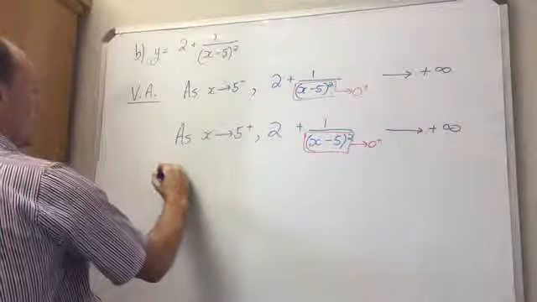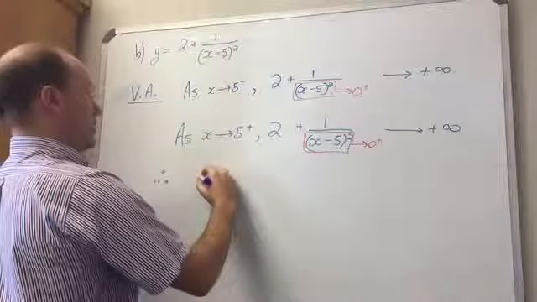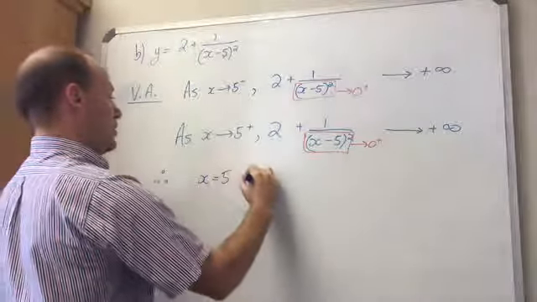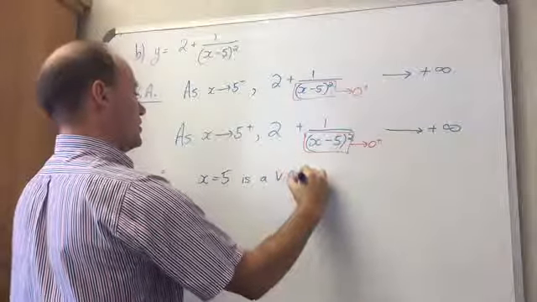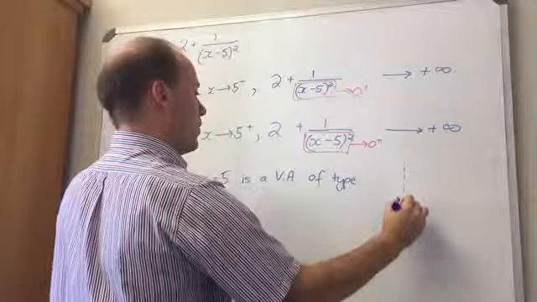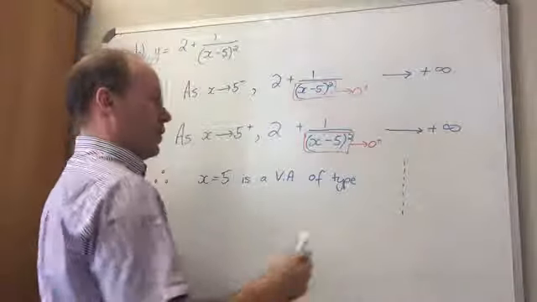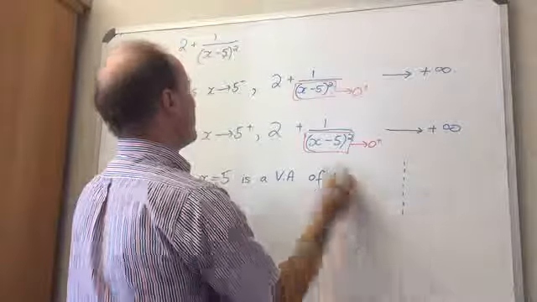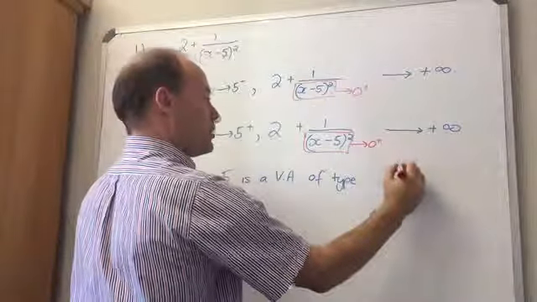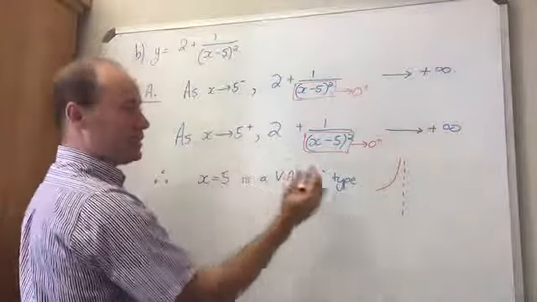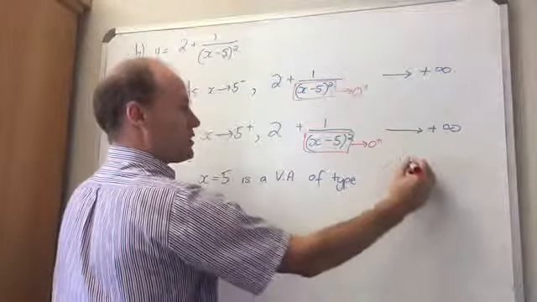Okay, so therefore the line x is equal to 5 is a vertical asymptote of type... So as x approaches 5 from the left, the graph approaches plus infinity. As x approaches 5 from the right, the graph also approaches plus infinity.